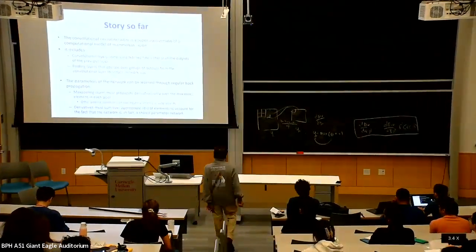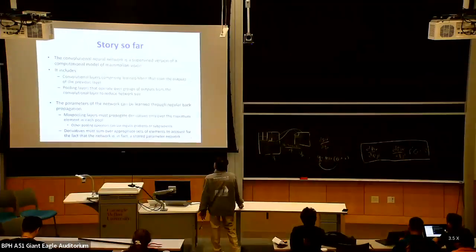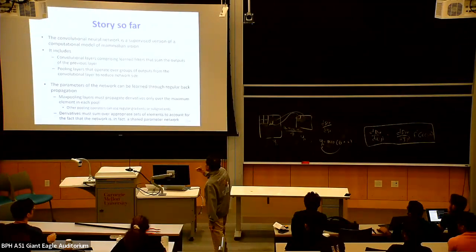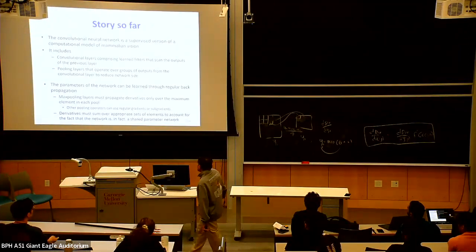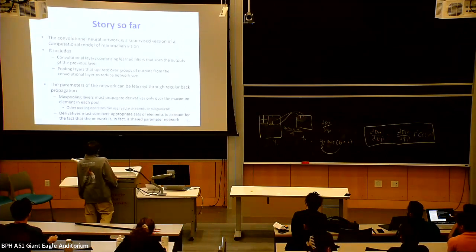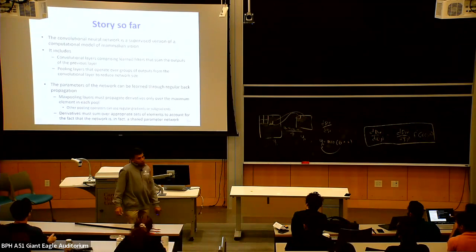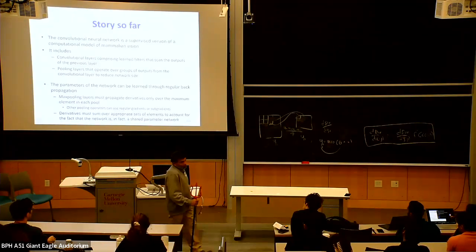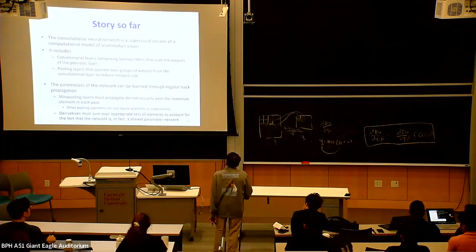We've seen that a convolutional neural network is a supervised version of a computational model of mammalian vision. It includes convolutional layers comprising learned filters that scan the outputs of the previous layer, and pooling layers that operate over groups of outputs from the convolution layer too. Typically, they're used to reduce output size, not network size.